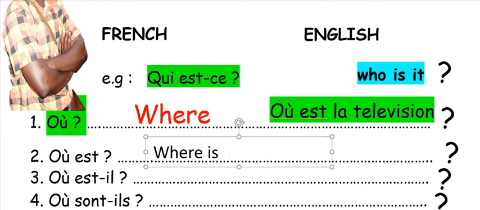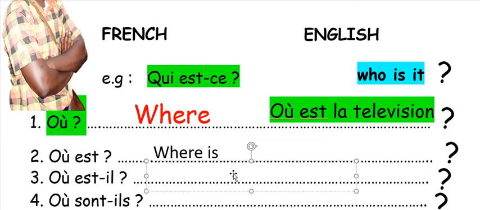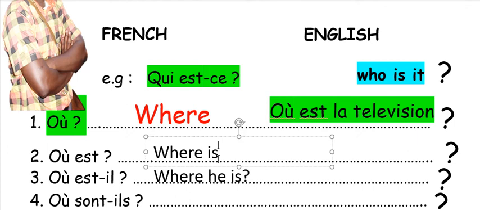"Où est-il" stands for "where he is." It's a question. "Où est-il?" Where he is. And that one, where is.